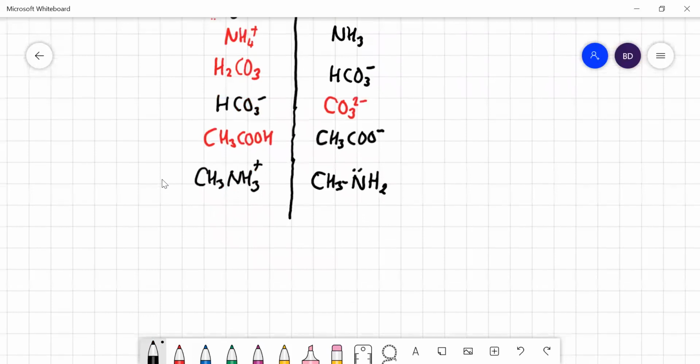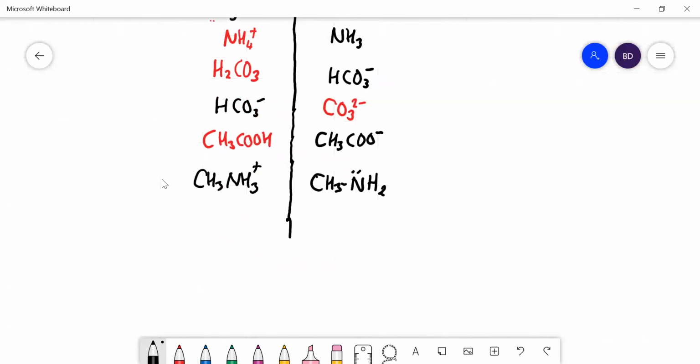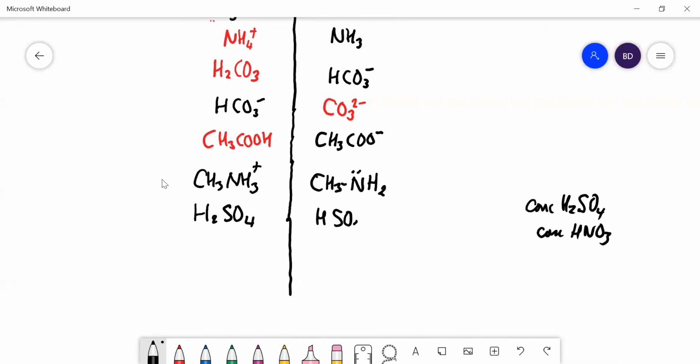And then a couple of weird ones. If you've done the benzene topic already, you'll remember when you're nitrating benzene, you use conc sulfuric and conc nitric. You mix them together, and the sulfuric acid acts as an acid and loses a proton.